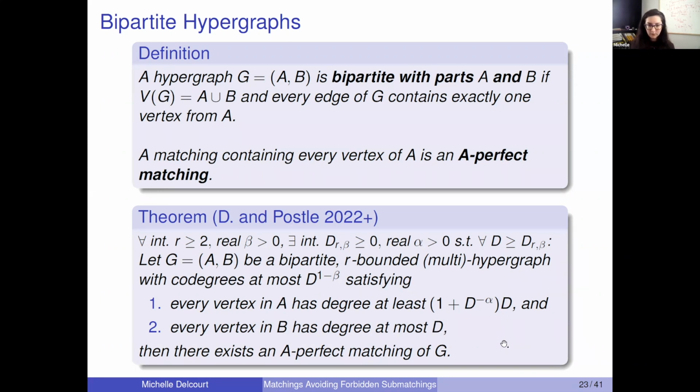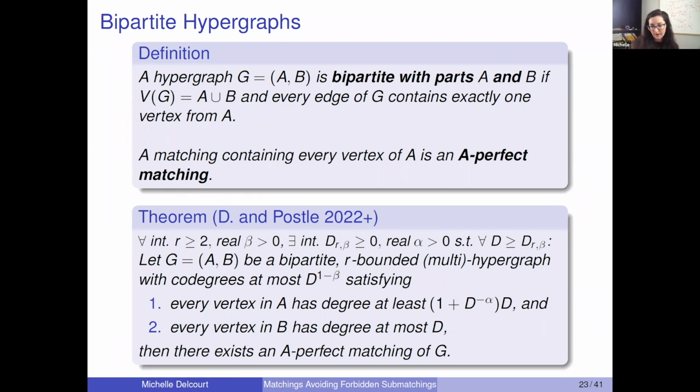And to our knowledge, this is the first time that this type of theorem has appeared in the literature. Penny, Haxell, and Aharoni and a number of people have studied various conditions on bipartite hypergraphs with various degree conditions and finding large matchings. But this is a surprisingly useful theorem that implies our main result.